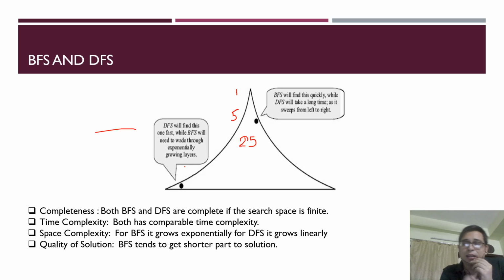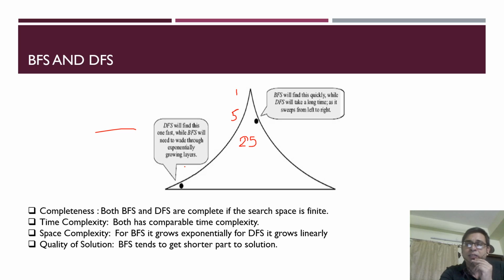Quality of solution means which one will give you a closer solution to the optimal solution. Optimal solution means you absolutely know the path, so A to D, D to G, but these are both exploratory algorithms. They are also called blind algorithms, uninformed algorithms.